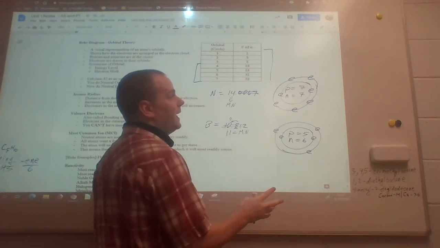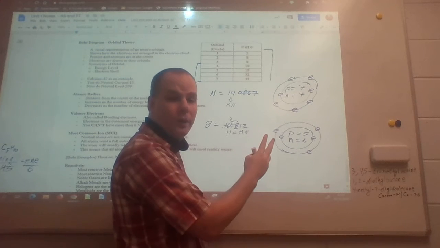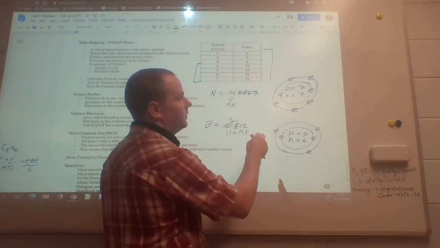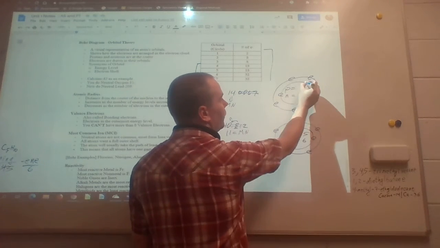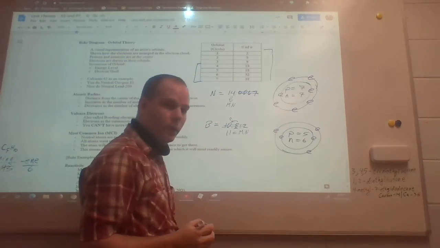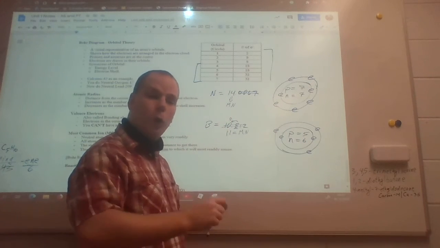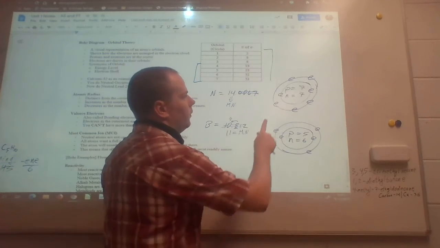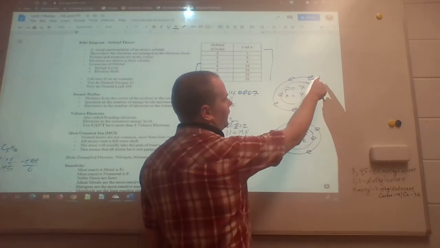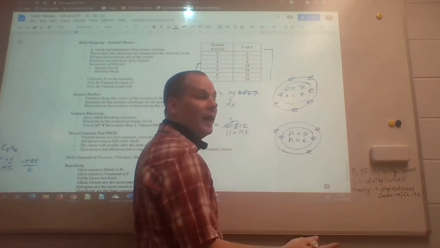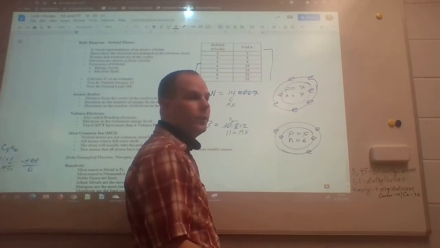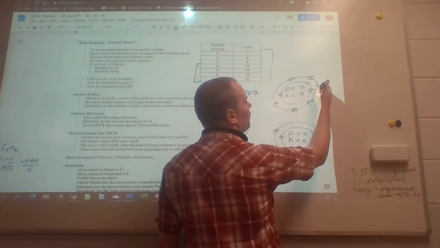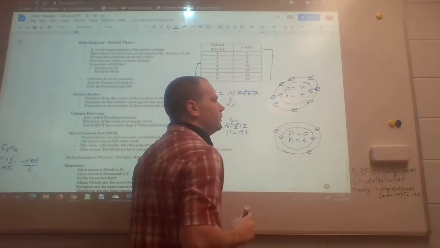It can either do that by gaining 3 more electrons, which will bring it up to 8 in its outer shell, or it can lose the 5 that it's got and go down to this shell, which is already full. So it's got 2 options. Atoms always take the path of least resistance. Right? So since this atom has 5 in its outer shell, it would have to lose 5 or gain 3. Well, 3 is less than 5, so it's going to gain the 3. So we would add 3 electrons to this shell.